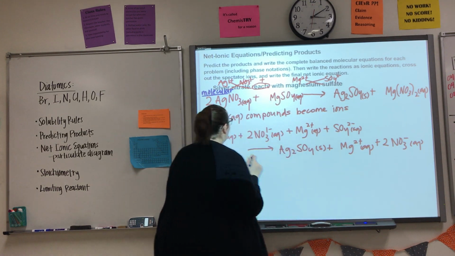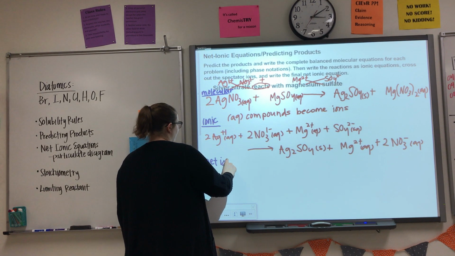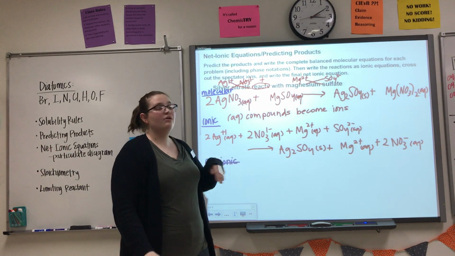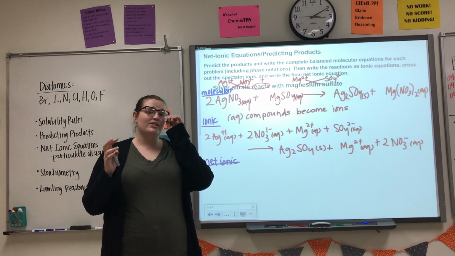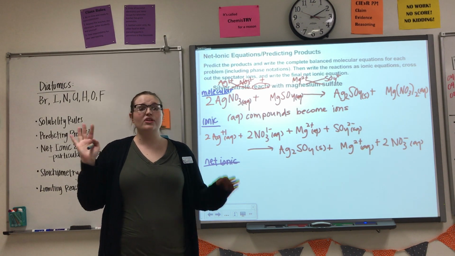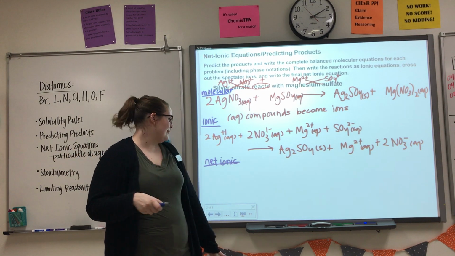So to get from my ionic to my net ionic, I have to go through and identify my spectator ions. My spectator ions are ions that appear on both sides of my yield symbol or my arrow unchanged. So that means they have the same coefficient, the same charge, and the same phase notation. If they're the same on both sides, I can cross them out because they're spectator ions. Okay?